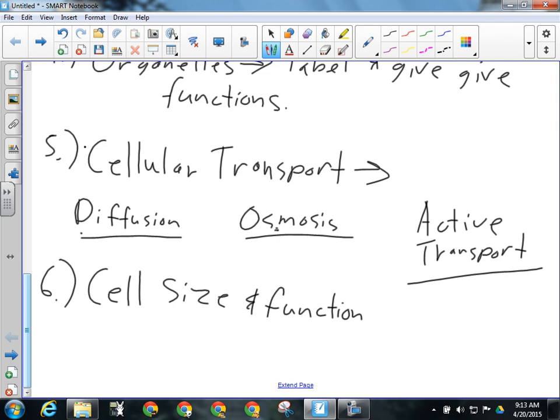When we're talking about cell size and function, we're talking about this cellular transport process being most important. As the cell gets really big, diffusion doesn't work as well because it's passive and slow and not targeted and so on. So certainly that's two things being integrated into one question, and because we did that activity with the cubes, you can certainly expect that this would be something that'll be on there.